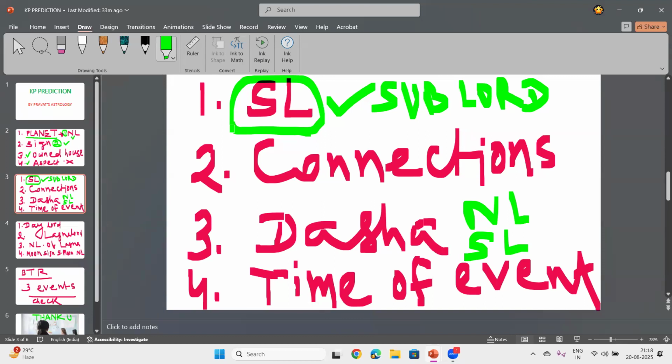Because in KP study, the beginning of the house is very important. Cusp is nothing but the beginning of a particular bhava or house. So in Vedic astrology, the midpoint is important, the Lagna degree is important, but in KP astrology, the beginning of the house is important. This is the difference.